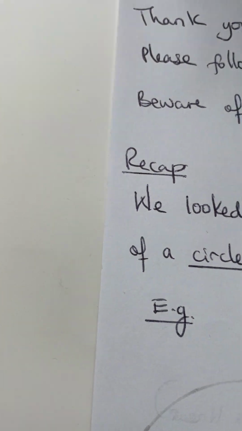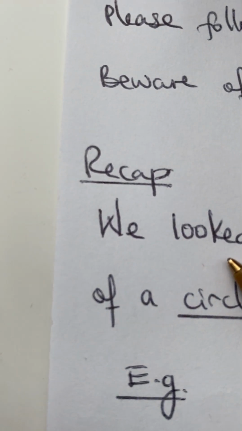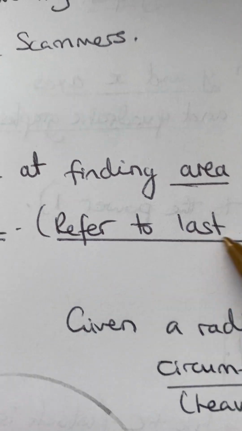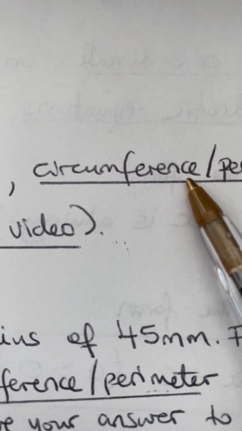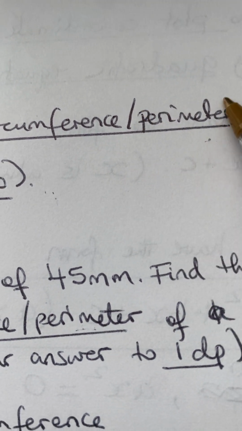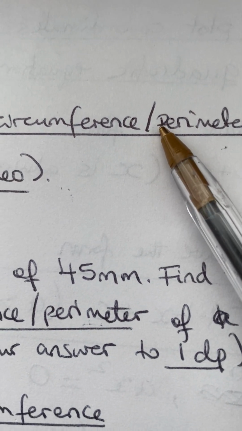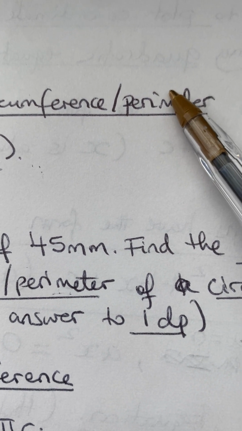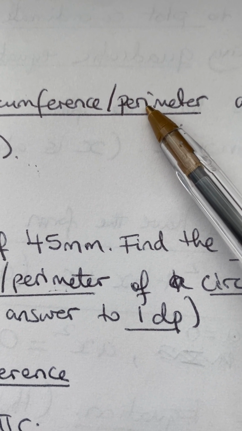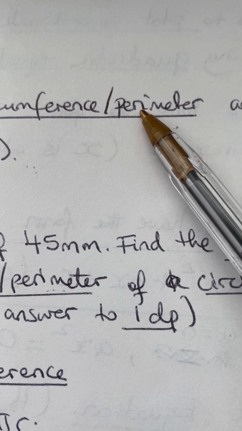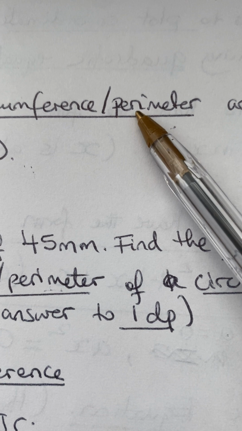Now, recap. We looked at finding area and circumference, and we said another word they might use is perimeter. Perimeter is normally associated with triangles, squares, quadrilaterals, rectangles.